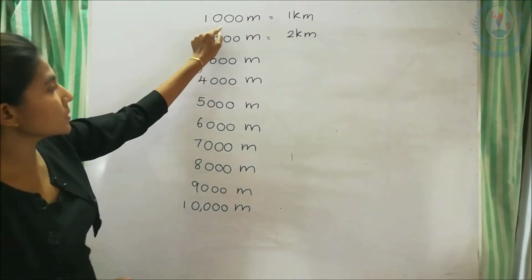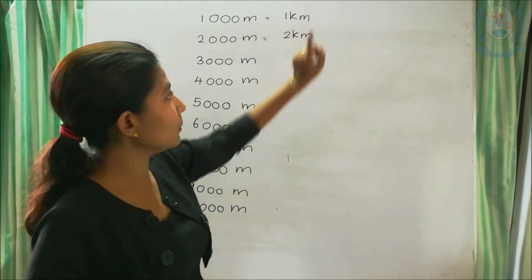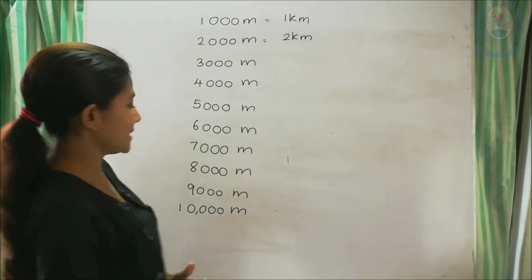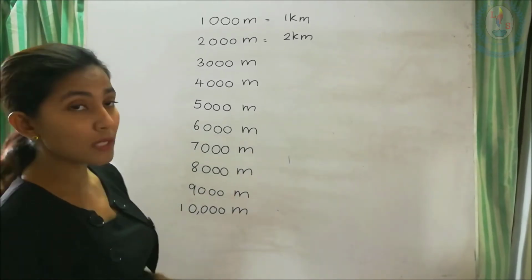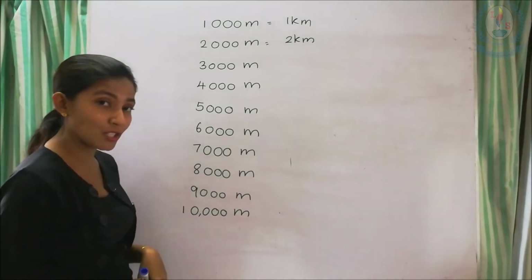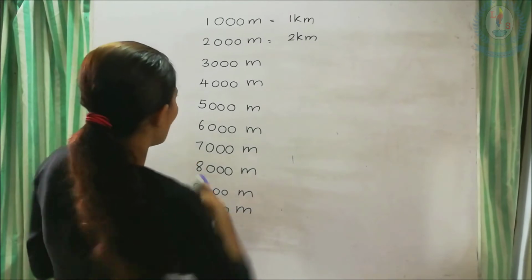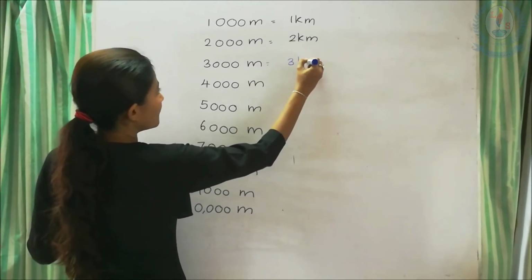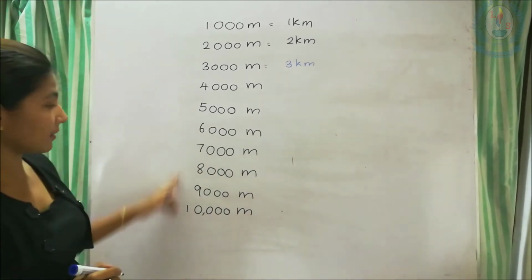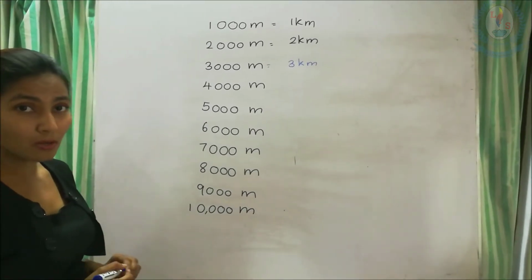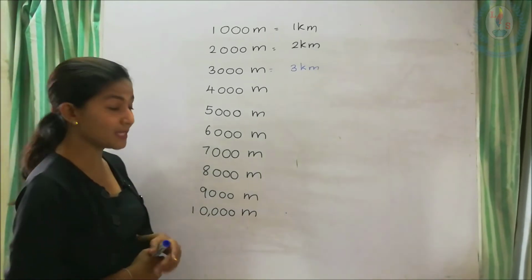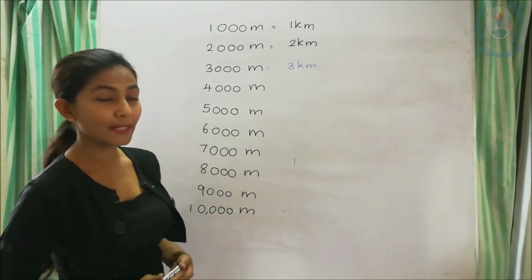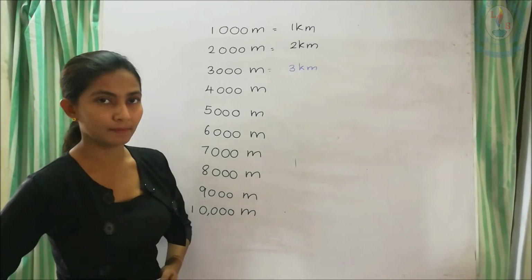So 1000 meters is 1 kilometer, 2000 meters is 2 kilometers. Can you all guess 3000 meters? How much? Yes, you're correct. It is 3 kilometers. Can you all guess these also? Right. Copy down these numbers to your writing book and write the answers in kilometers.